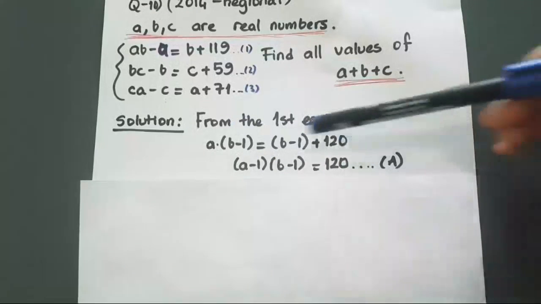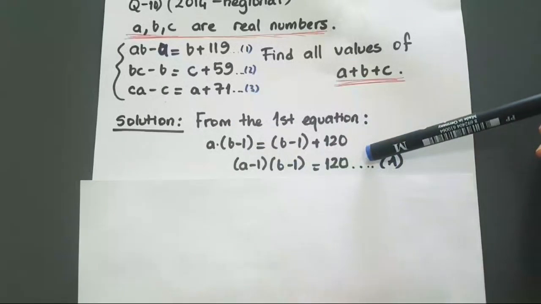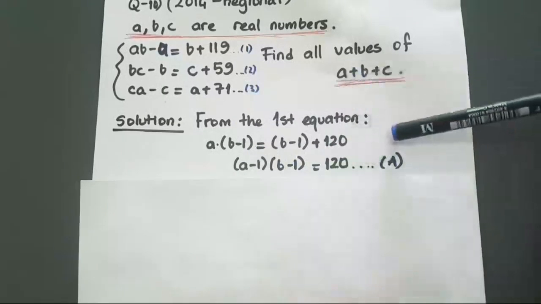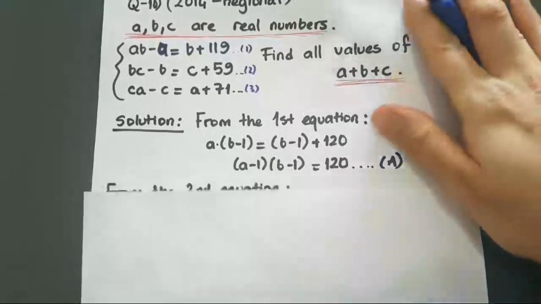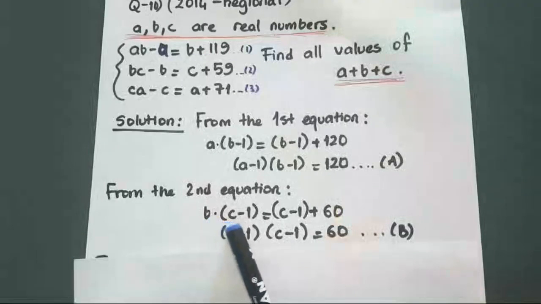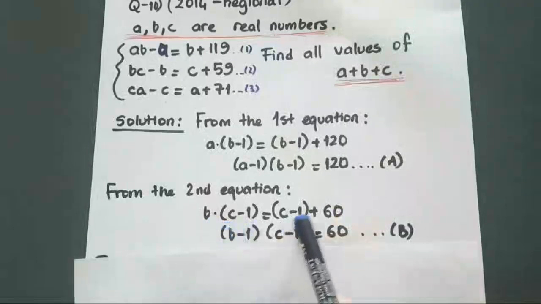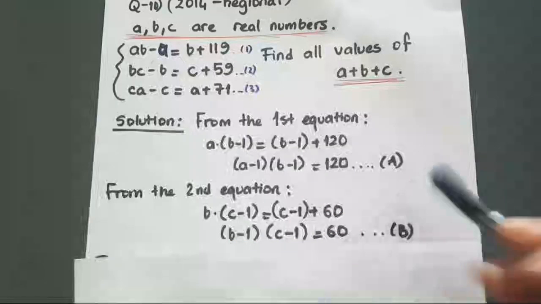So if I factorize this way, I can write (A minus 1) times (B minus 1) is 120 from the first equation. Let's say that this is A. And by the same method, from the second equation, we get B times (C minus 1) is equal to (C minus 1) plus 60, which is (B minus 1) times (C minus 1) is equal to 60.